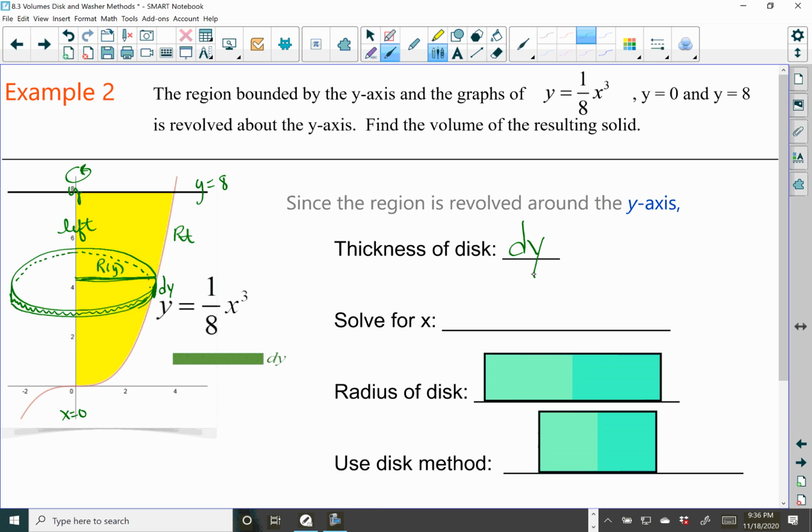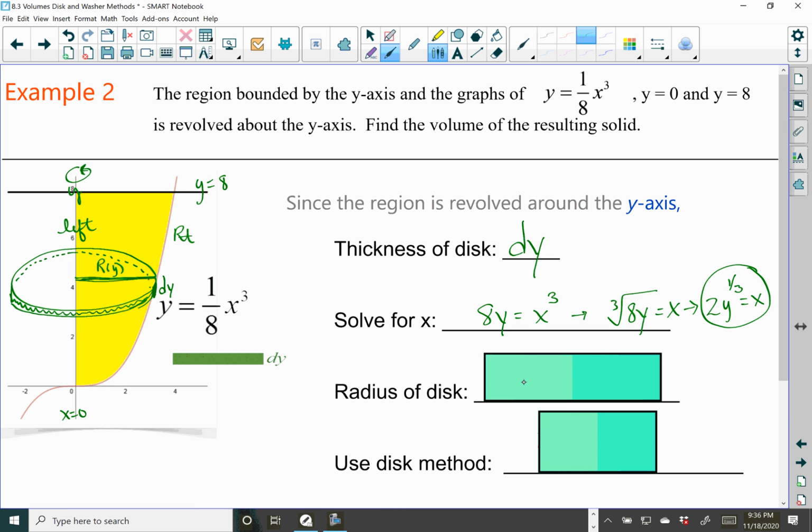And since we're going to be working in y's, we got to solve our equation for x. So I'd have 8y equals x cubed, or the cube root of 8y equaling x, which we could reduce one more way. Cube root of 8 is 2, and then y to the 1/3, I'm going to write it that way, equals my x. So now I'm satisfied with that equation.